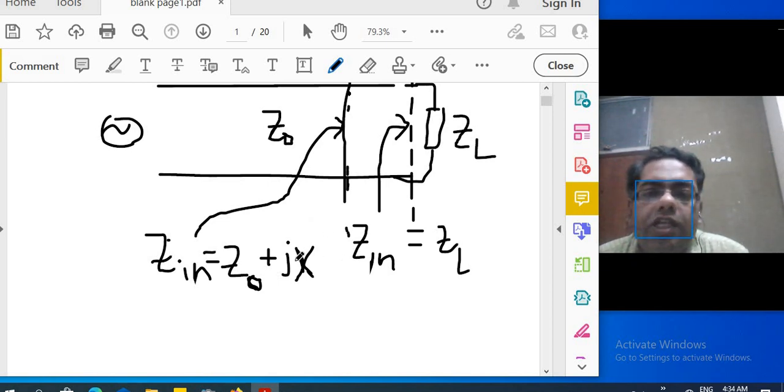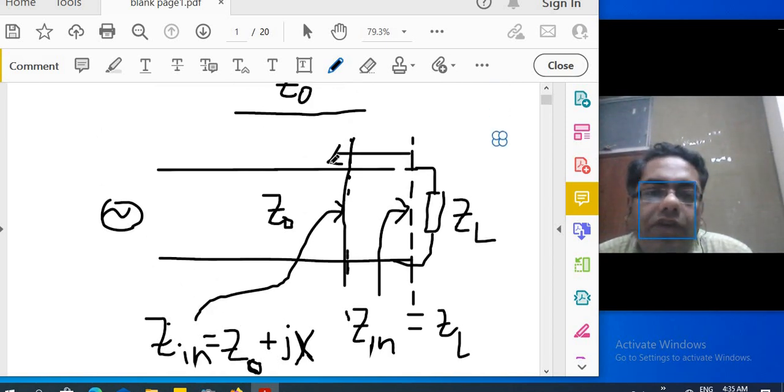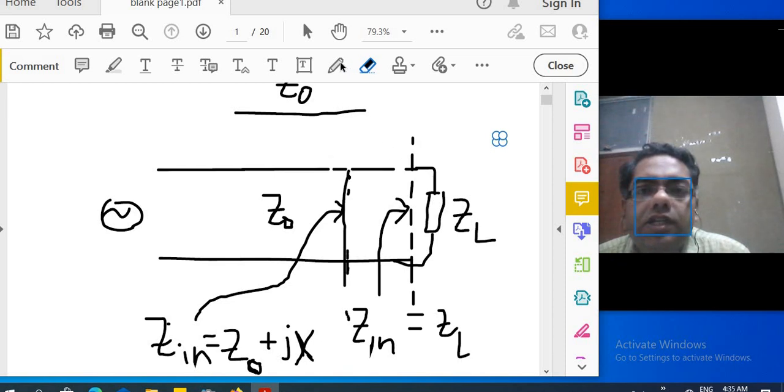Now this reactance can be positive or negative. If it is positive, it is inductive. If it is negative, it is capacitive. So X can be positive or negative. Now at this point where the input impedance is of this form, the real part is the same as the characteristic impedance. Here I connect one small section of a transmission line, which is short circuited or open circuited at one end, here in series.